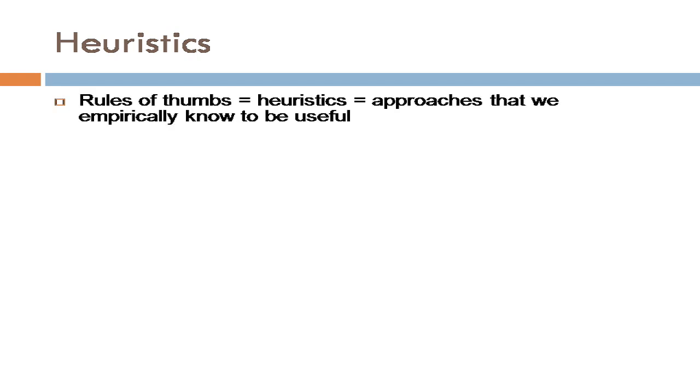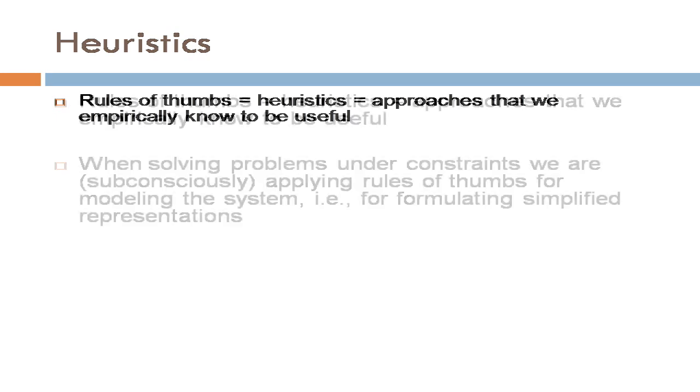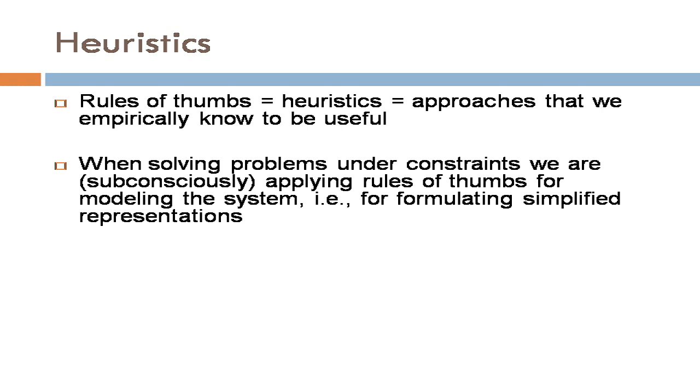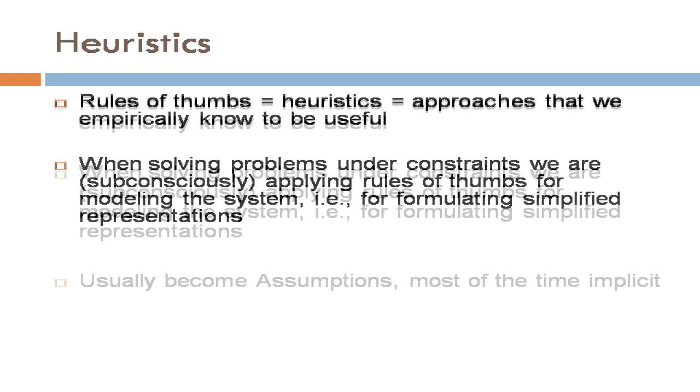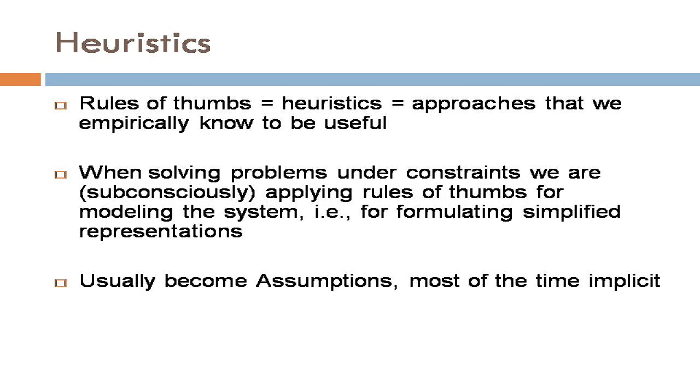So when you're solving problems under constraints, we are maybe subconsciously applying rules of thumb for modeling the system. And usually, as I mentioned, they become assumptions, and most of the time implicit in the model. So just think of what examples are of heuristics that you have used or are using.